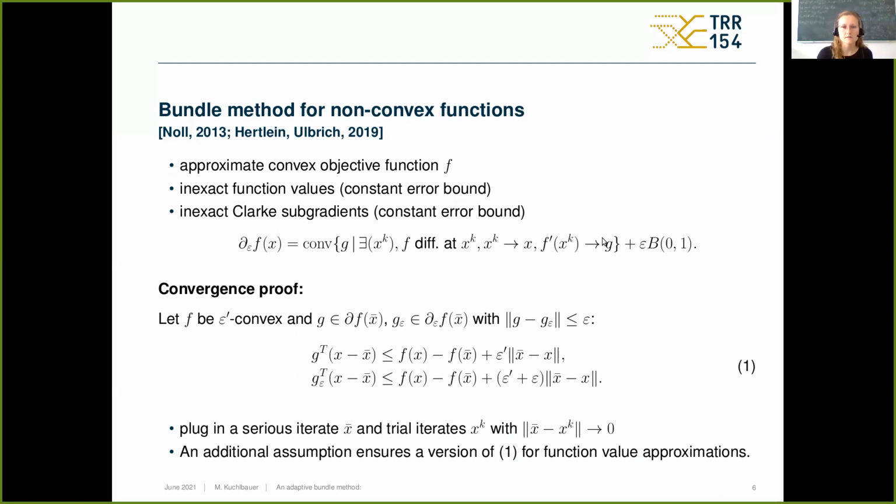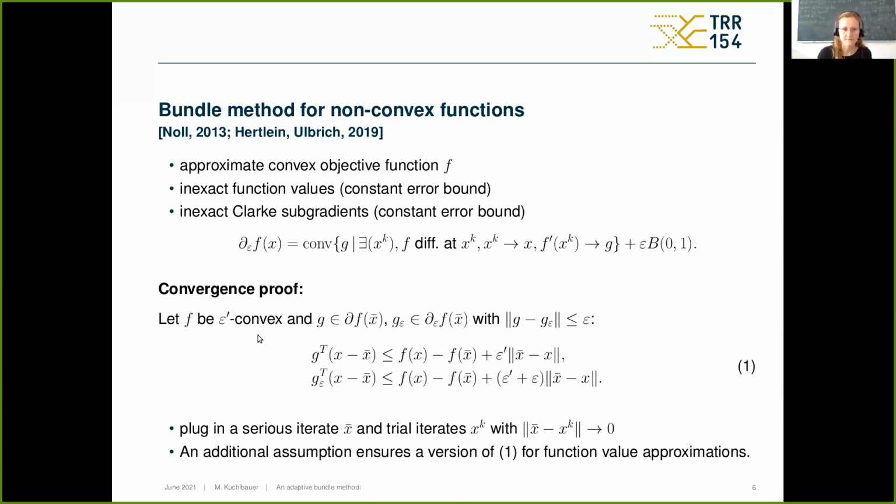So he assumes to have a bounded distance between inexact subgradients and the exact Clarke subdifferential. And in his convergence proof, he then makes use of this bounded distance.